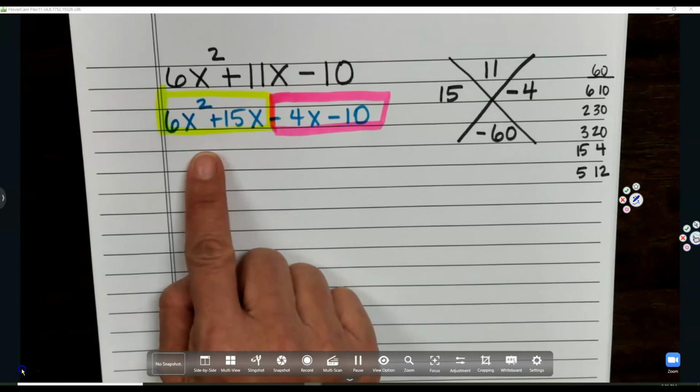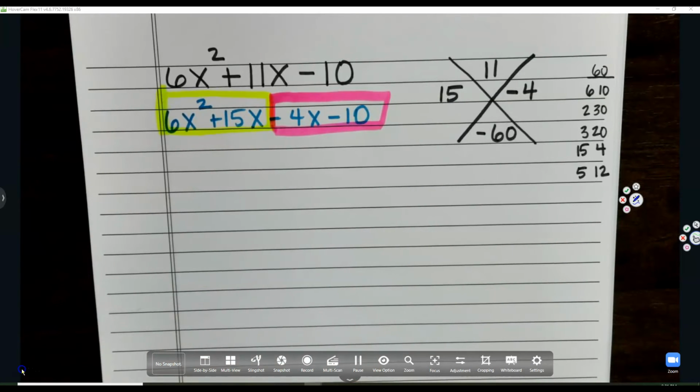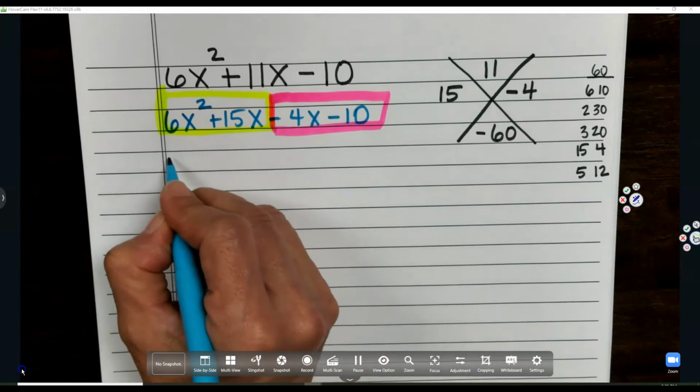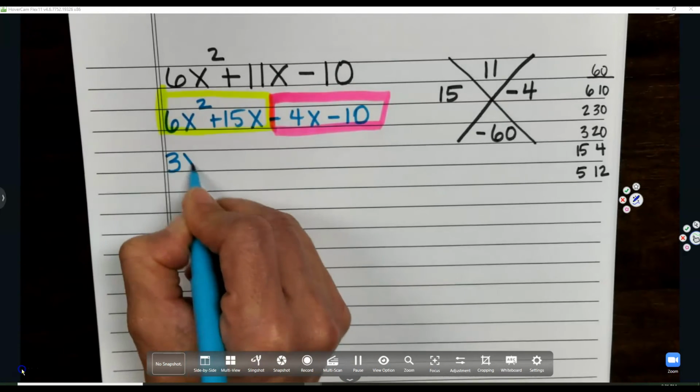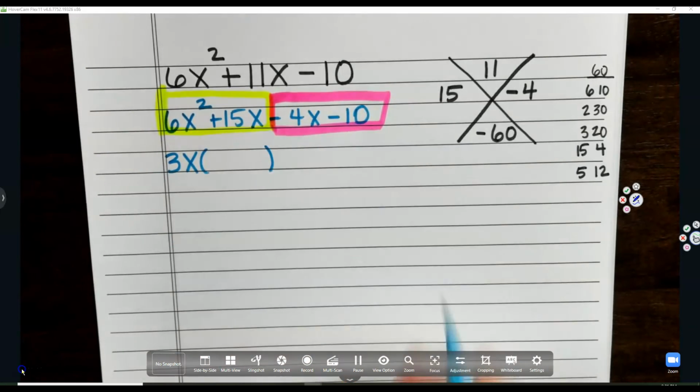So what I've highlighted in yellow, I can take an X out, but I could take something else out. What else can I take out? Very good. 3x. So I'm going to write a 3x. I'm going to draw some parentheses, write the remainder.